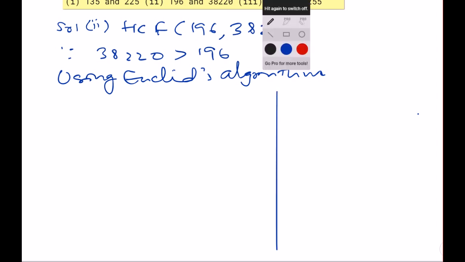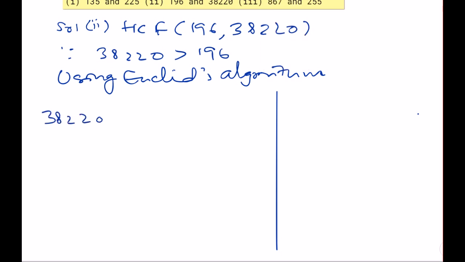Here in place of A we shall write 38220 equals, in place of B we will write 196 into what? We will find out now. 196 will divide 38220. So guys, here it is simple division.